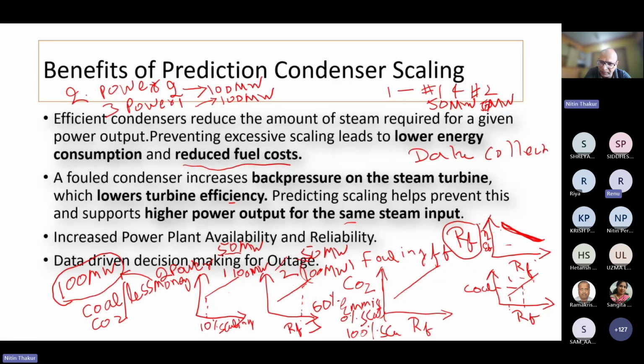I think the design case would be 100 megawatt, but you are currently operating at 50% with 10% scaling, because you don't want to scale more fouling in the condenser side. That's why you are limiting up to 50 megawatt. But you are saying power plant 2 already has 60% scaling, however the capacity remains the same, 50 megawatt. So better if we can run the first plant at 70 or 80, up to limiting the fouling to 20% or 30%.